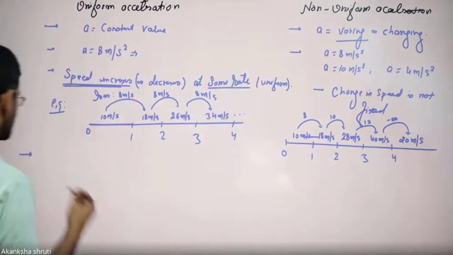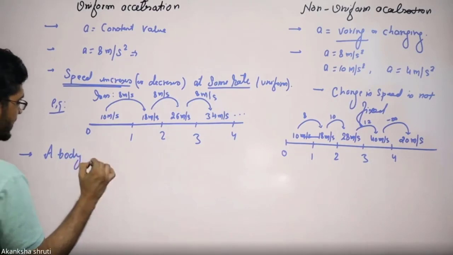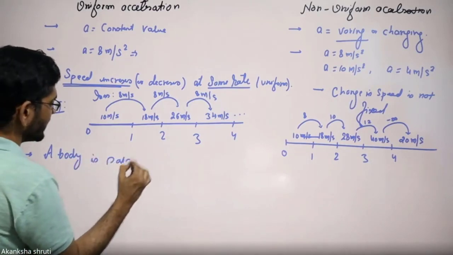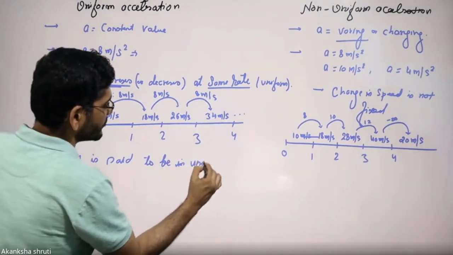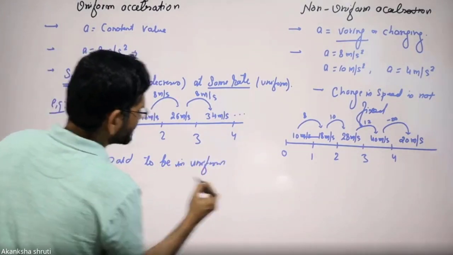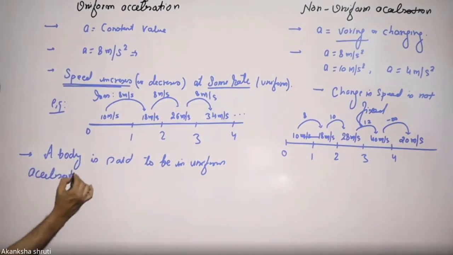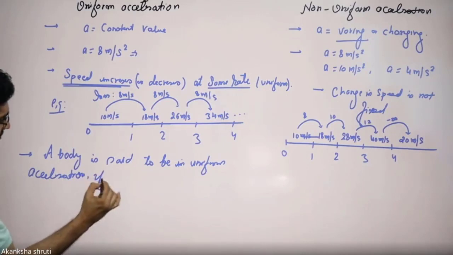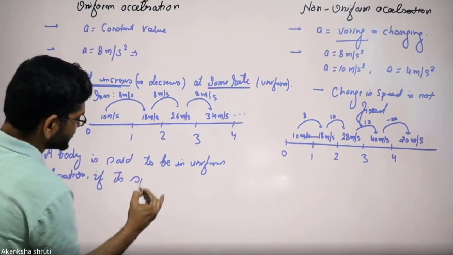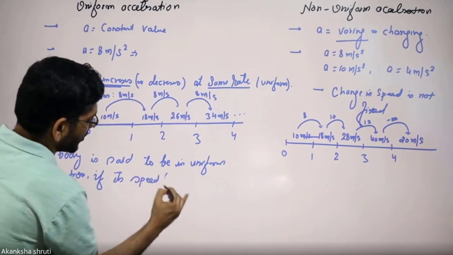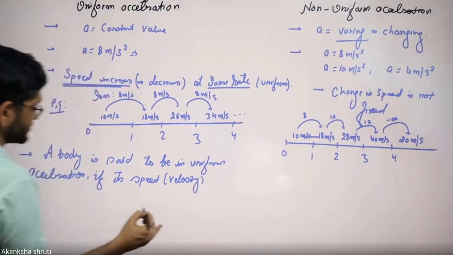So write, a body is said to be in uniform acceleration if its speed or velocity, we may take velocity, velocity is the better term.